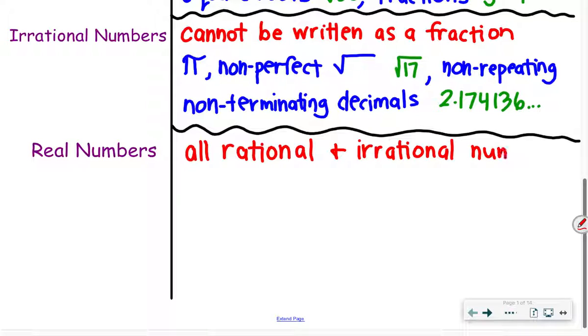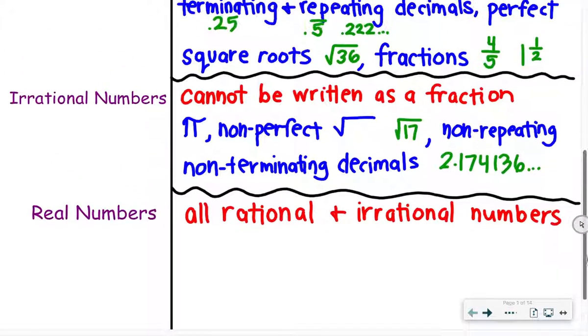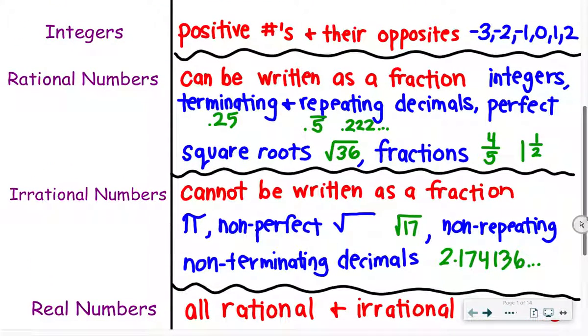They're part of our real number system. Now as I go to the next slide, I'm going to refer back to this slide a lot. We're going to take actual numbers and categorize them. So I'm going to go back to my vocab frequently in order to figure out what category a number should go under.